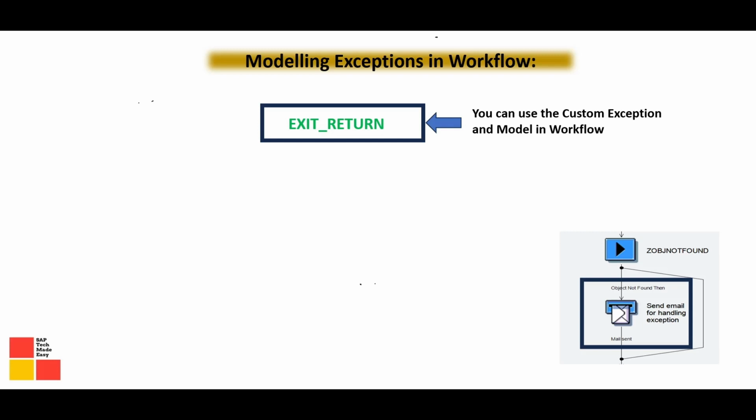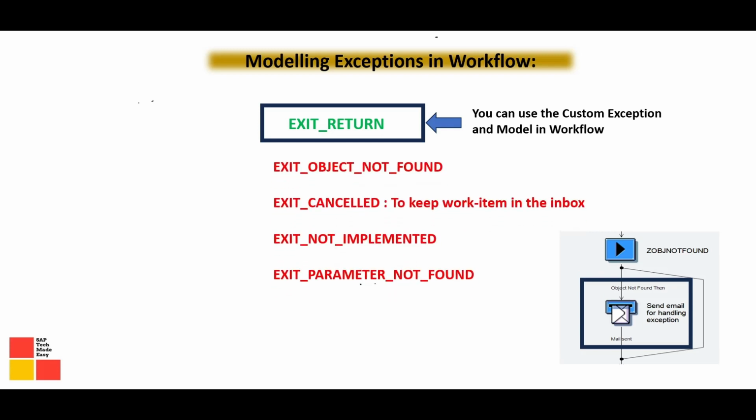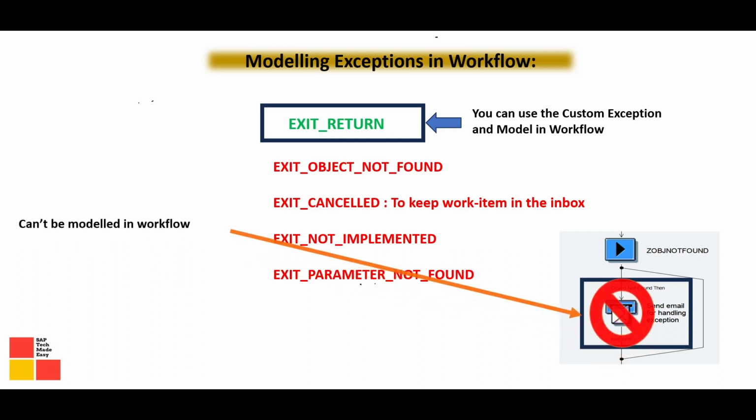But we have some more standard macros like exit object not found, exit cancelled, exit not implemented, exit parameter not found. These macros, you will not be able to model. I will show you.